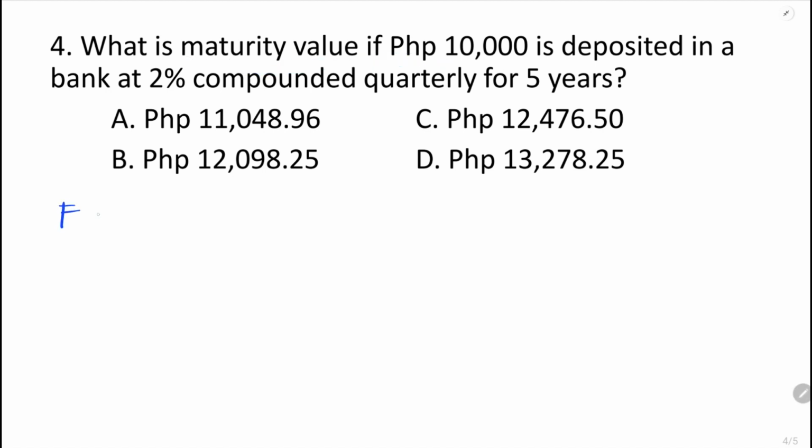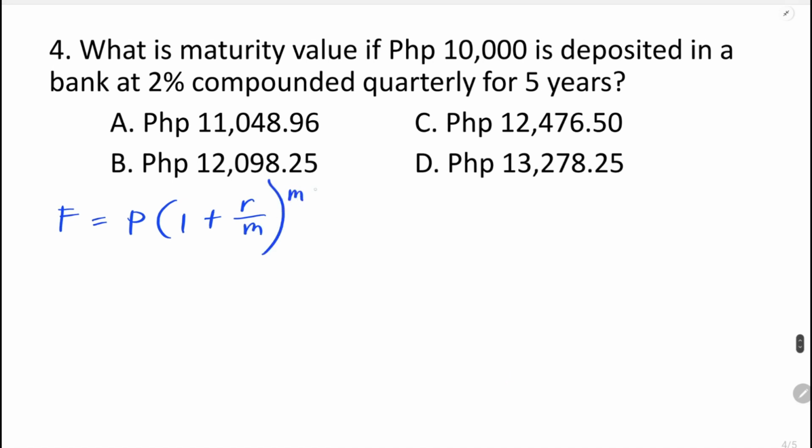Our F is equal to P times the quantity 1 plus R over M raised to MT. Wherein yung P natin, ito yung principal amount. R, yung rate of interest, annual rate. Then yung M, yan yung frequency of conversion. Then T, yan yung term or time in years.